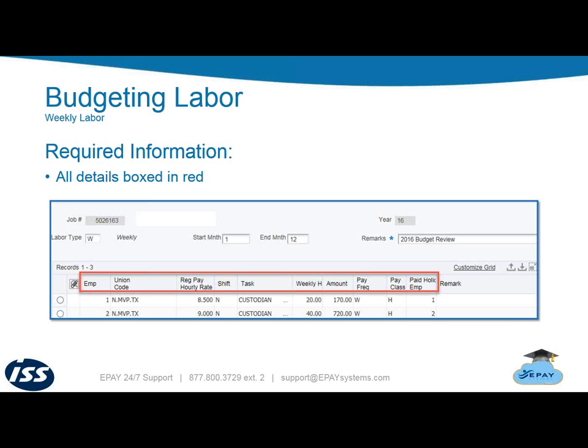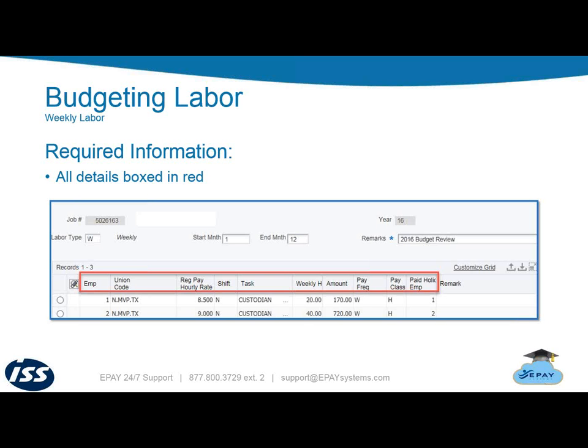And of course, pay rate. So if any of these are different, the lines will need to be broken out and the employees will need their own individual lines. If all of those fields are the same for more than one employee, please feel free to group them together under employee headcount, the first field.